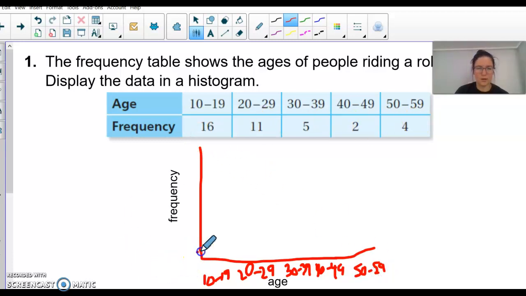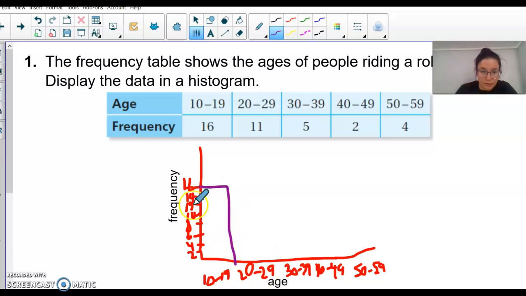16 is your highest. I'm going to count by twos. 2, 4, 6, 8. Alright, so again, 10 through 19 is 16, so I'm going to go up to 16, make my bar graph. 20 through 29 is 11, make sure it's in between 10 and 12.